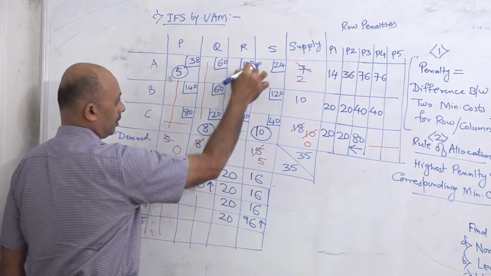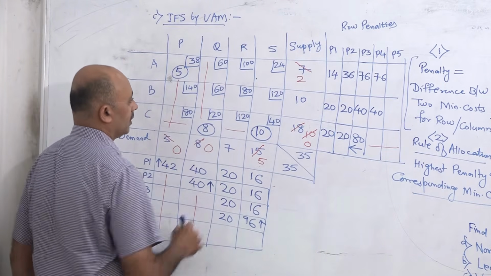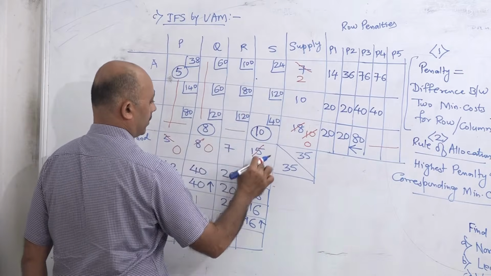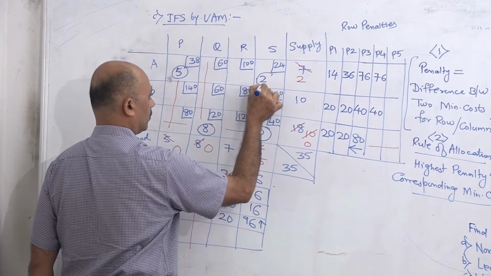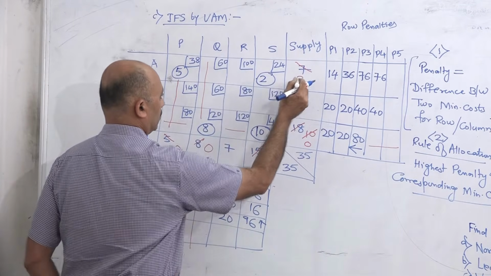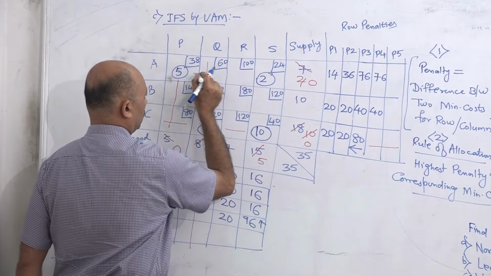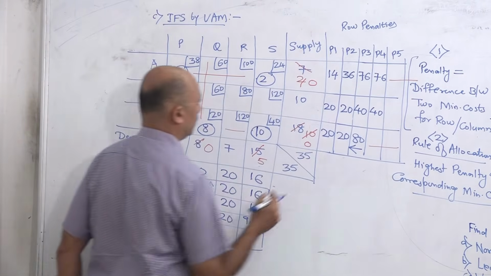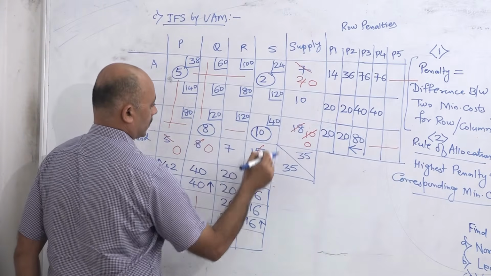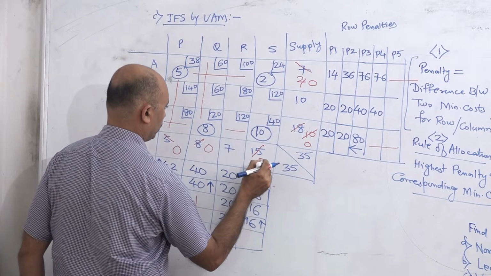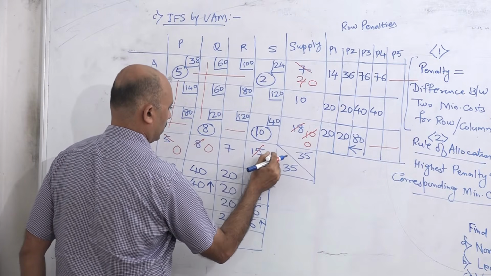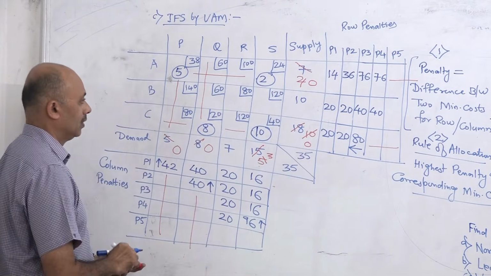Now in this column, lowest cost is 24. Supply 2 and demand is 5, so we can give 2 units. So 2 units given, so 2 minus 2 is 0. Now this row is over, no penalty here. And here 5 minus 2, balance will be 3. Okay.